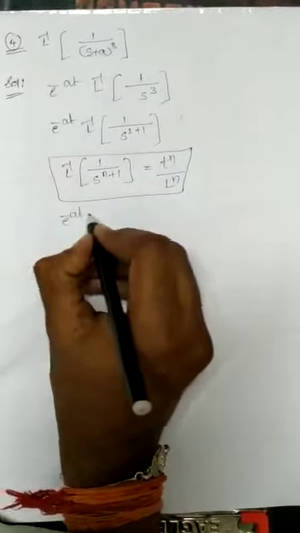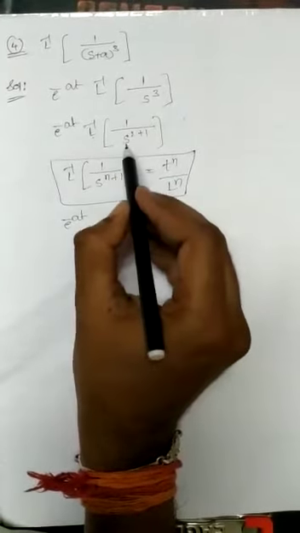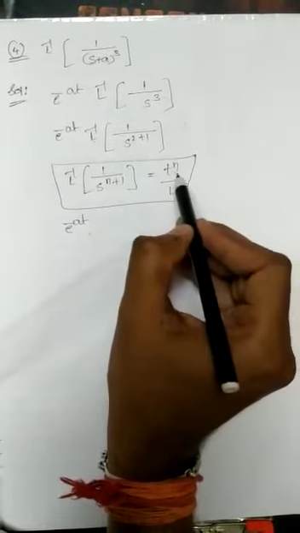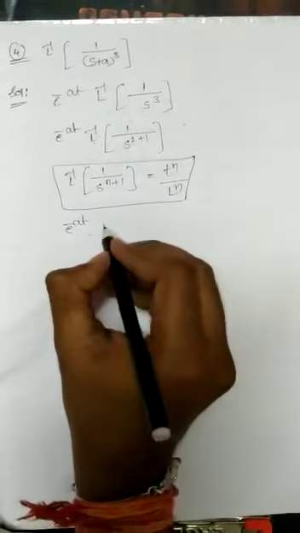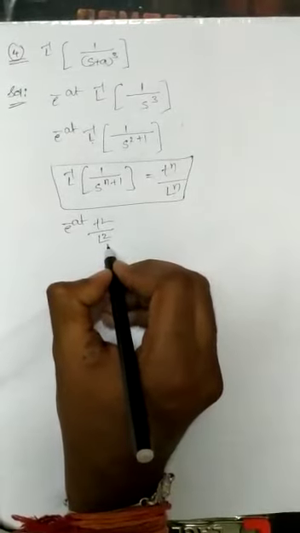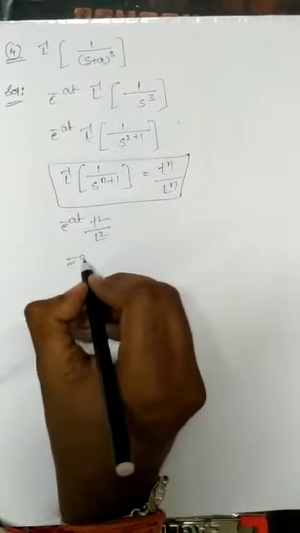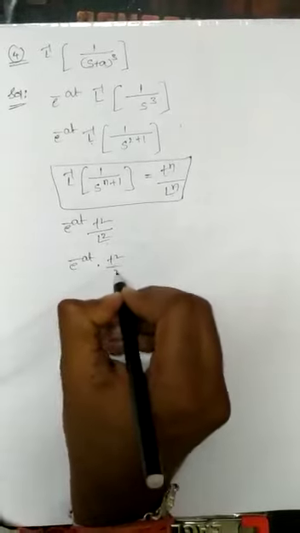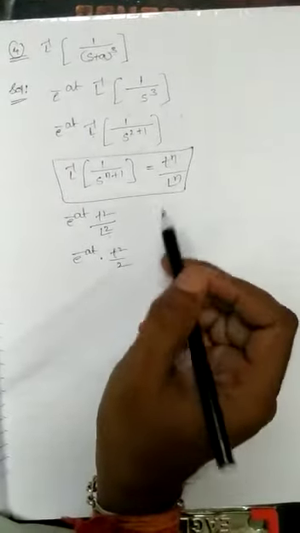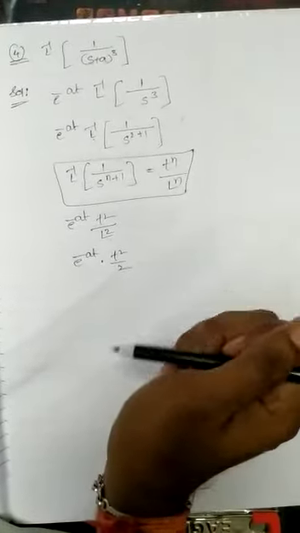So by using this property, in place of n we have 2, so what you will get, t square by 2 factorial. So 2 factorial is nothing but 2 into 1, 2. So e power of minus at into t square by 2. Okay, so that is inverse Laplace transformation of the given function.